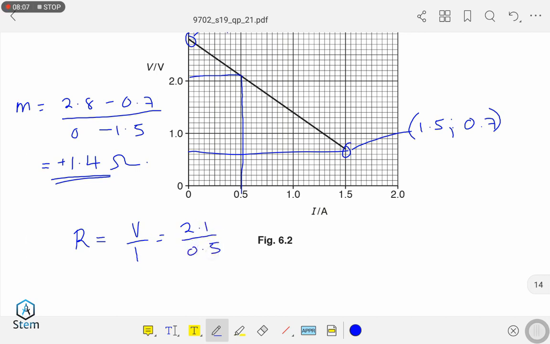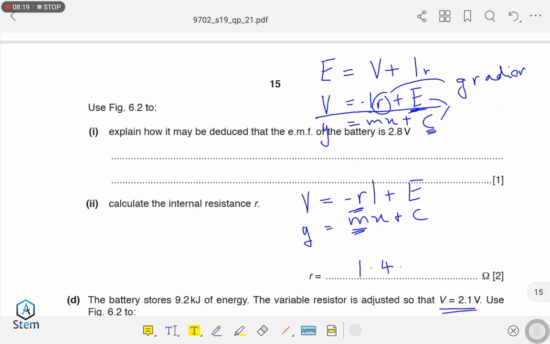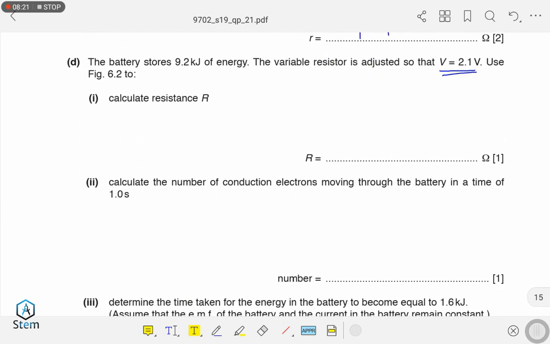If we punch these values in our calculator, we will get that our resistance is 4.2 ohm. So that is the resistance of the external resistor in our circuit there. Let me put it here, 4.2 ohm. Calculate the number of conduction electrons moving through the battery in a time of 1 second.